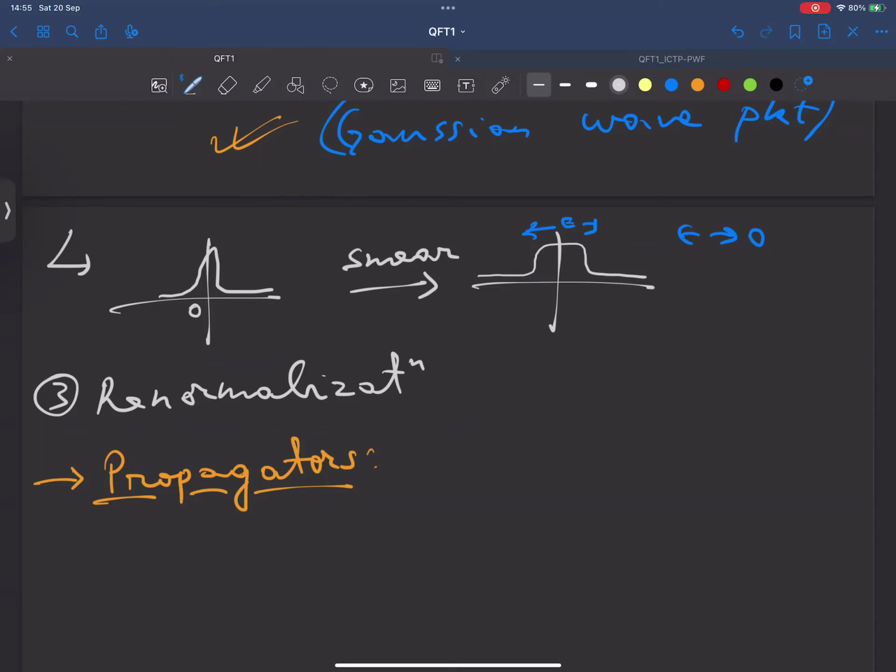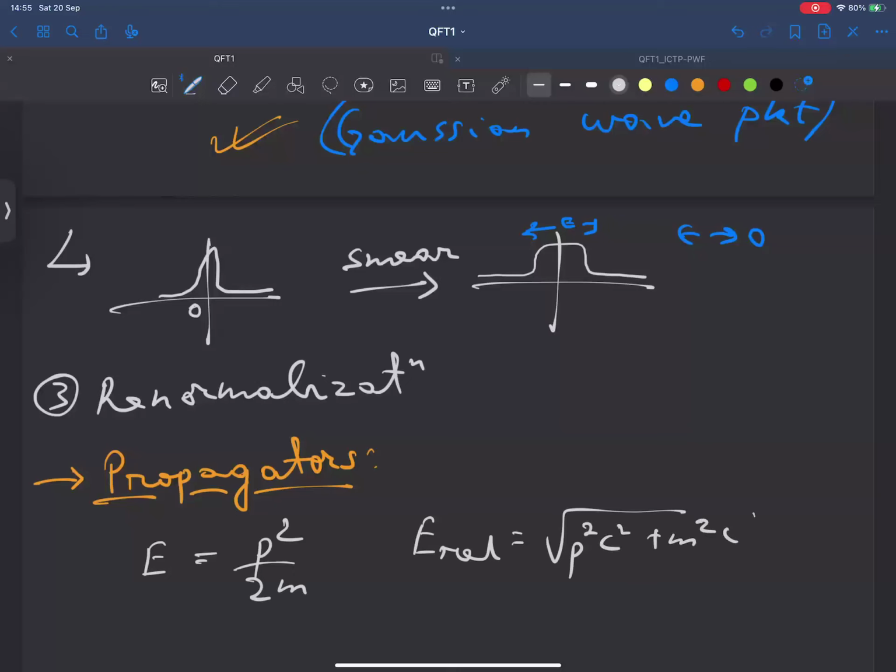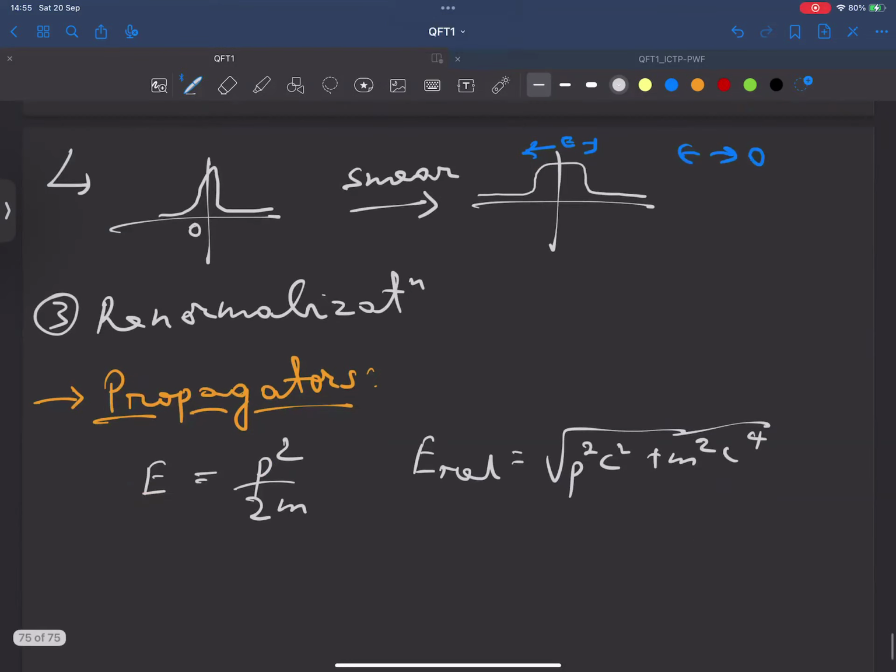And then we used the relativistic version of the energy, instead of p squared over 2m, and we computed that integral, the propagator or the amplitude of the propagation.